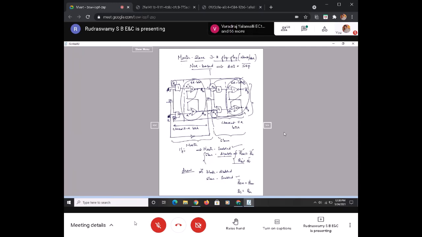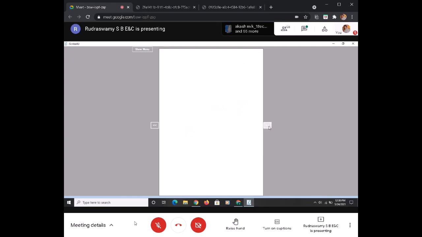That's how things go with respect to the master slave. So just to conclude, you can write the CMOS structure of this, but I'll write a simple waveform with respect to the clock. You need to understand what really happens with the master and the slave.